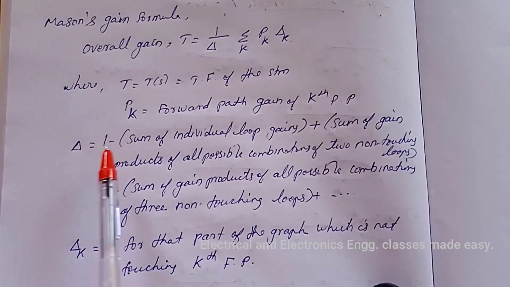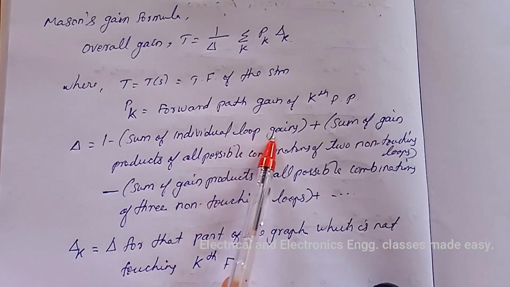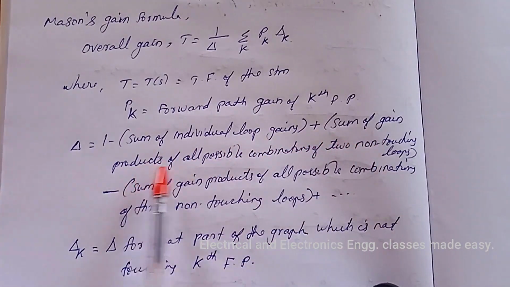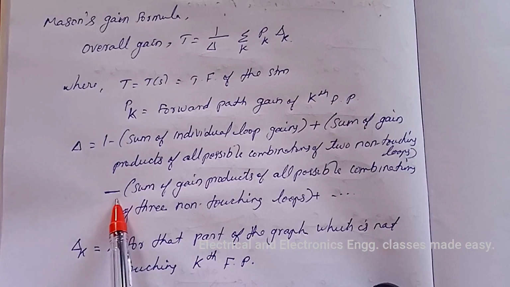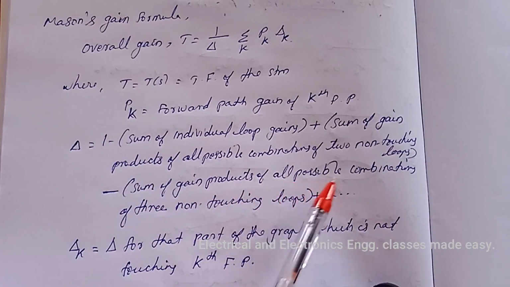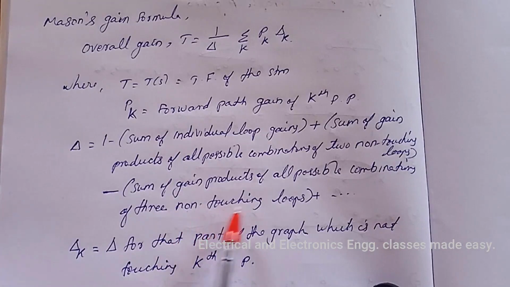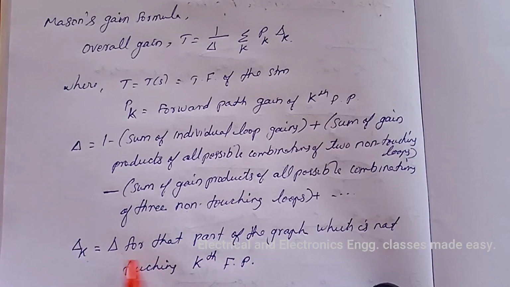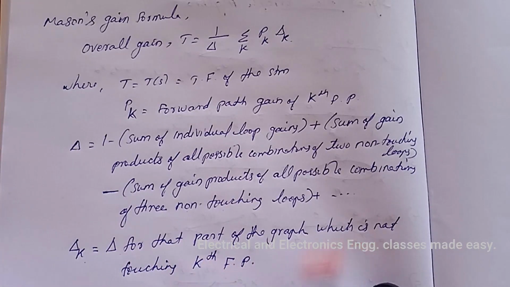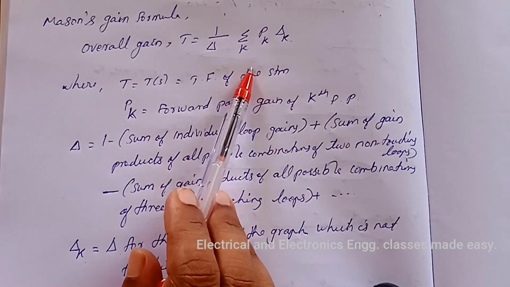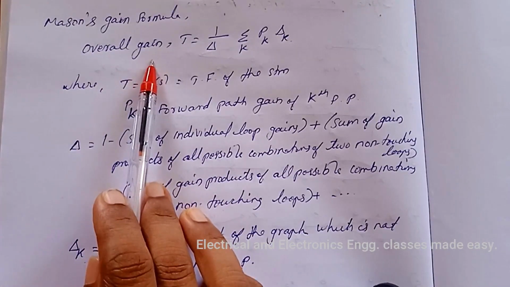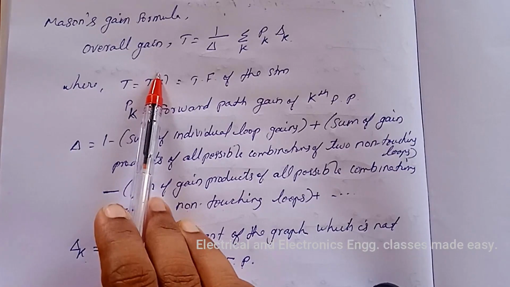Then delta is equal to 1 minus the sum of individual loop gains plus the sum of gain products of all possible combinations of two non-touching loops, then minus the sum of gain products of all possible combinations of three non-touching loops plus etc. Then delta k is equal to delta for that part of the graph which is not touching the kth forward path. So this is Mason's gain formula to find the overall gain or overall transfer function of the system.